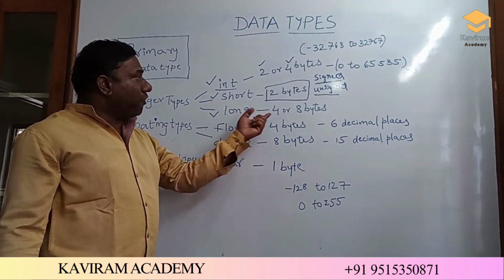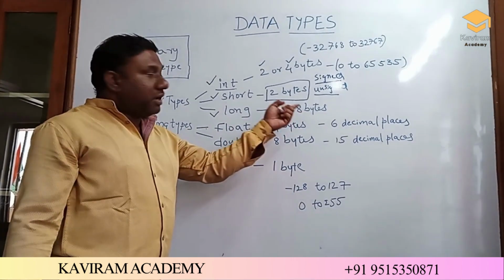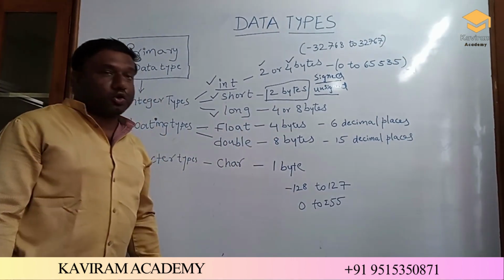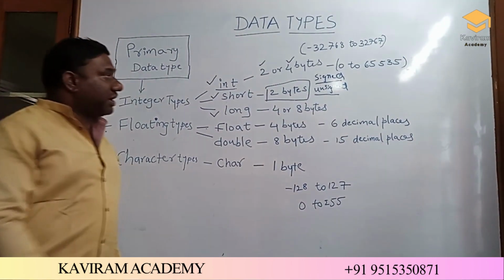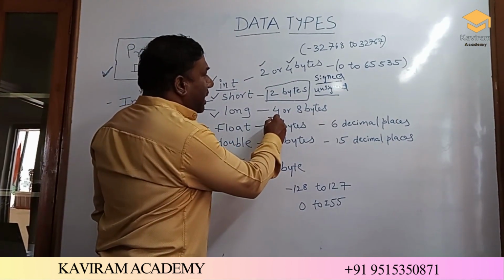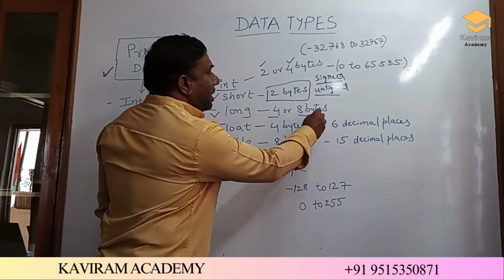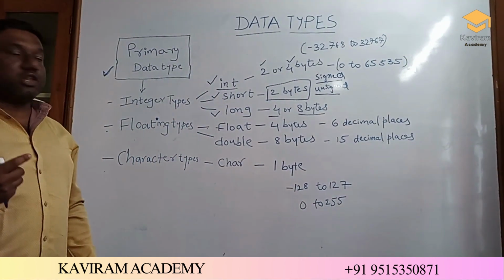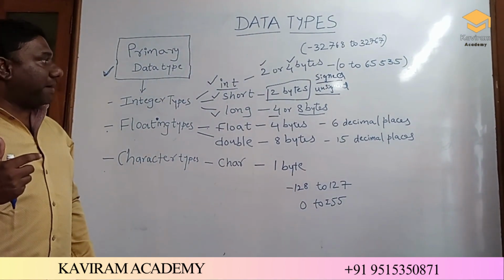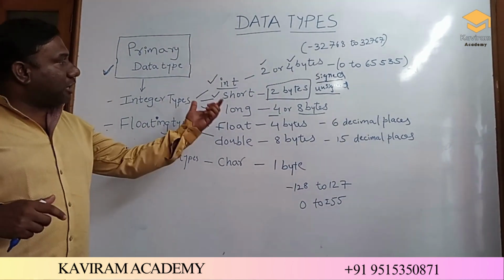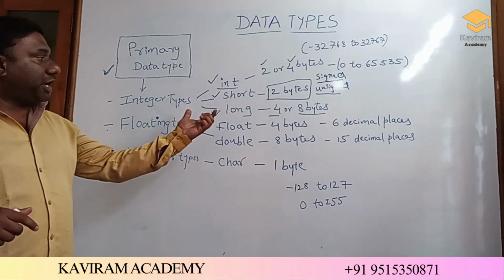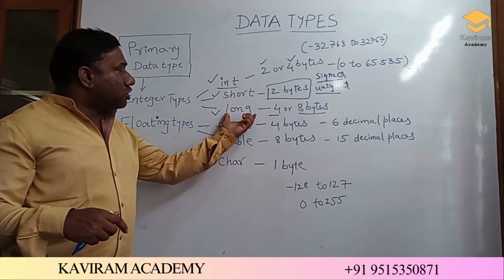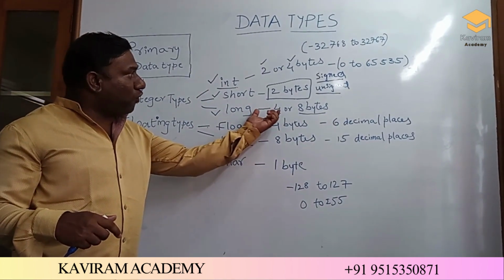The next one is long. Long will take 4 or 8 bytes, depending upon your operating system, 32-bit or 64-bit. When it is 32-bit, it takes 4 bytes. If it is 64-bit, it takes 8 bytes. Depending upon the value, your C compiler will allocate that much memory to this data.